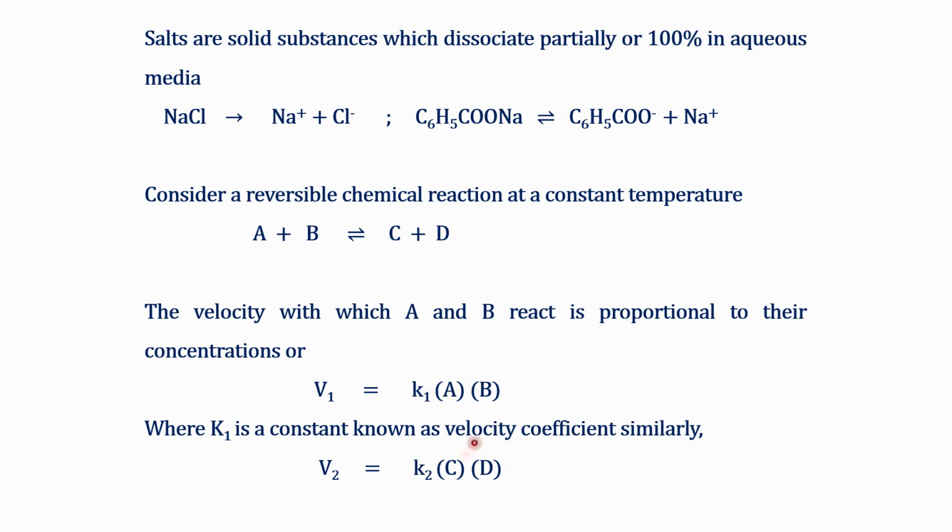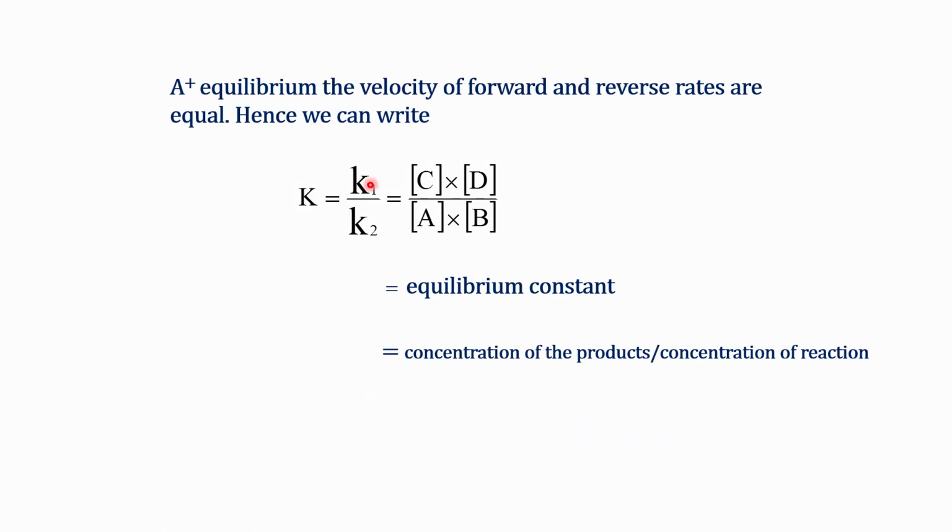So, K1[A][B] should be equal to K2[C][D]. Okay. So, K1 by K2, if they are going on simultaneously and if they are equal, K1/K2 should be equal to [C][D]/[A][B]. You measure the concentration of the products, divide it by the concentration of the reactants, and you will get another constant that is known as K, the equilibrium constant.